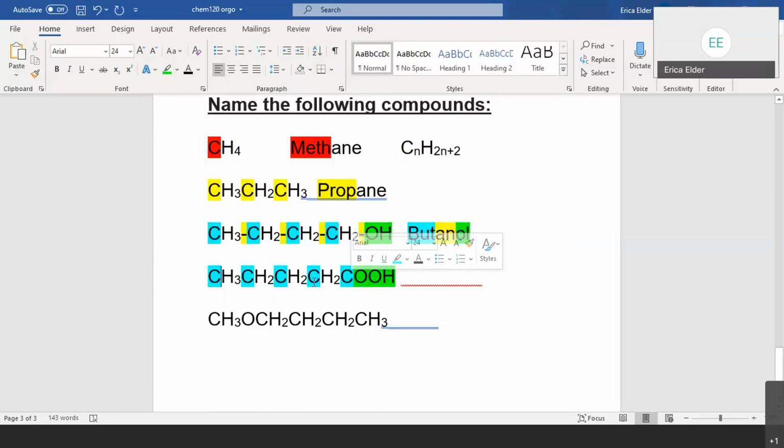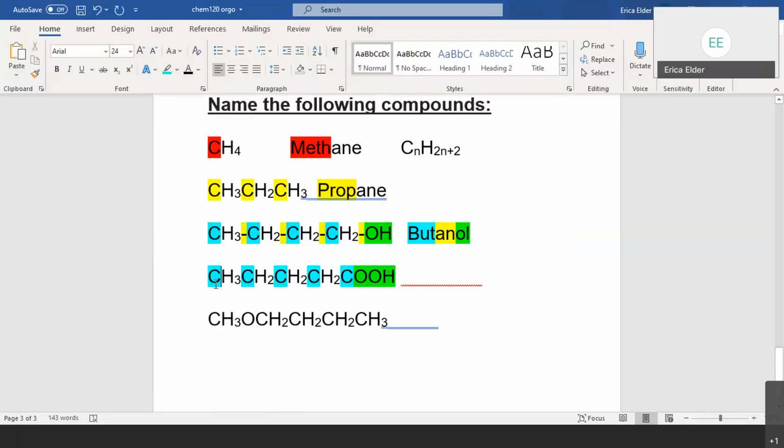Here we have all single bonds again. If you notice, CH plus CH2. So that carbon has all the hydrogens he can have because he's attached to another carbon. Here again, we have another carbon. So we have 1, 2, 4, 5 carbons.